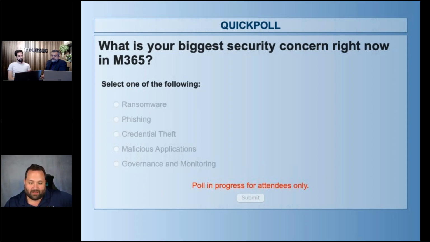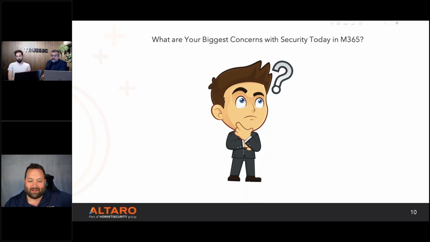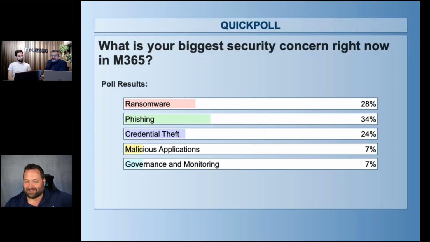We've given people a minute. And it turns out, Fabio, you were right. Phishing is actually the number one concern, with ransomware as number two and credential theft as a close third. So again, thanks all for participating in that. It helps our speakers know what your big concerns are, and we can tailor the content a little bit based on that.